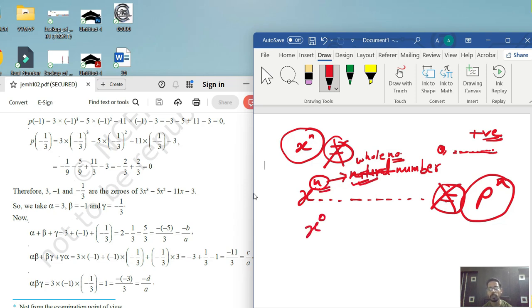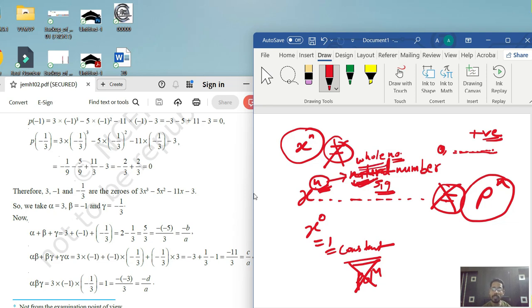If you write x to the power 0, that will be 1 and it is a constant value, so it is not a polynomial. Got it? So the power must be a natural number, any natural number, 4, 5, 9, anything, and otherwise it must be a whole number.